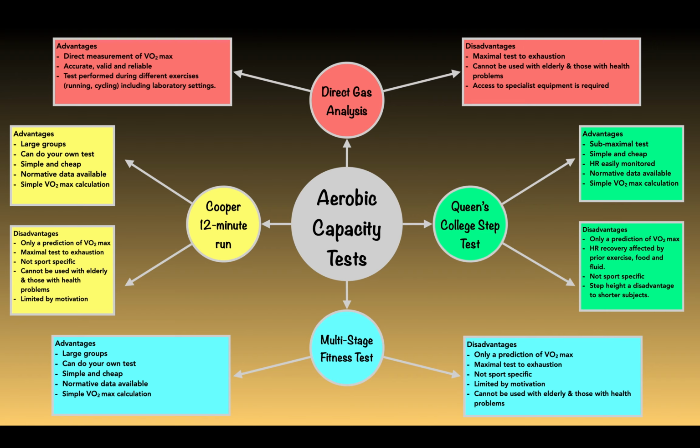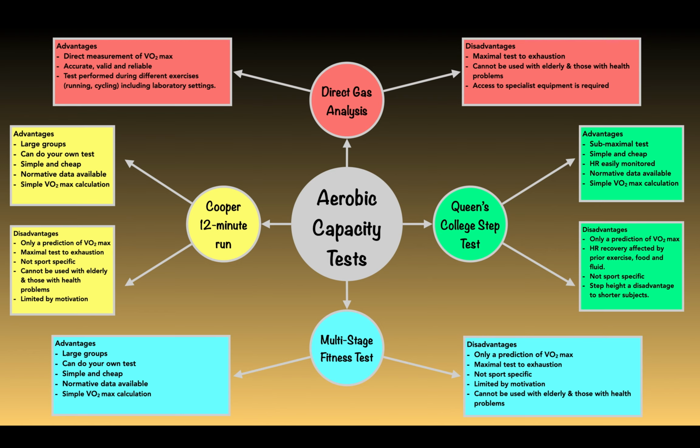Okay, and then we have the Queen's College Step Test. So this is a submaximal test. Okay, so this is different. It's not going to maximal. So what happens here is the subject performs continuous stepping on and off a box, usually around 41 centimeters high, and they do this for a period of 3 minutes, so quite a short test.